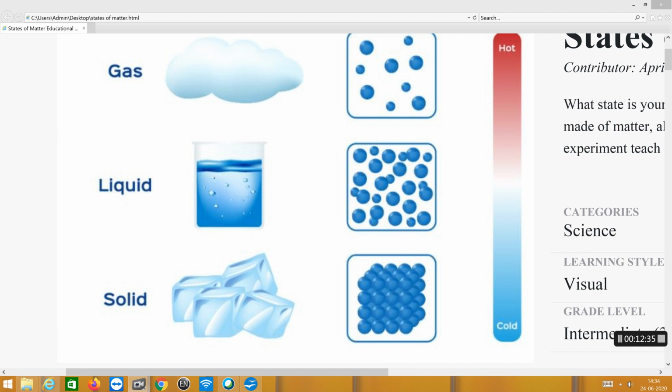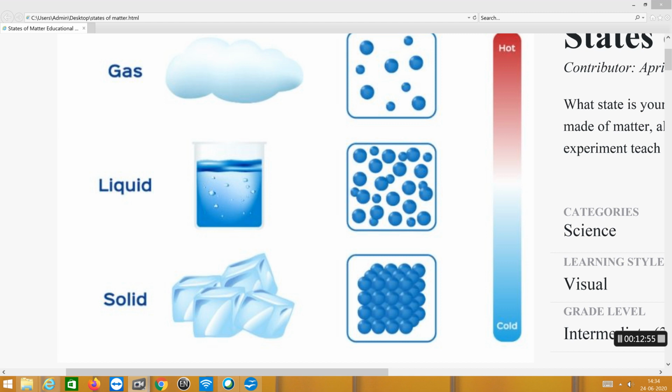Then next is when a liquid is heated, it changes to gas. The process of change of a substance from liquid state to gaseous state at a particular temperature is called boiling, and the temperature is called the boiling point.